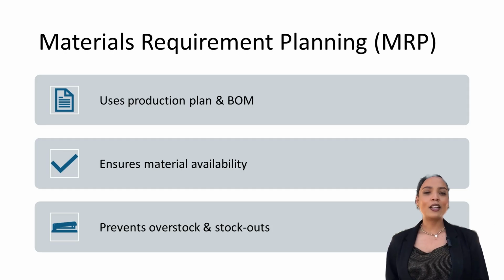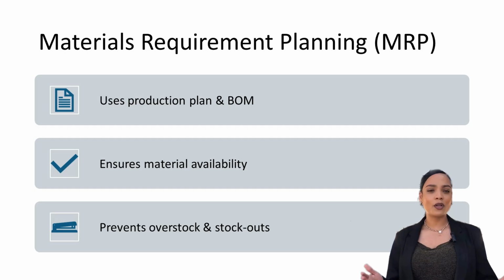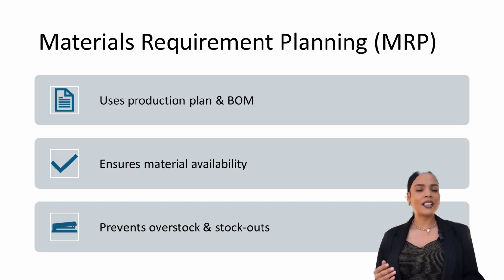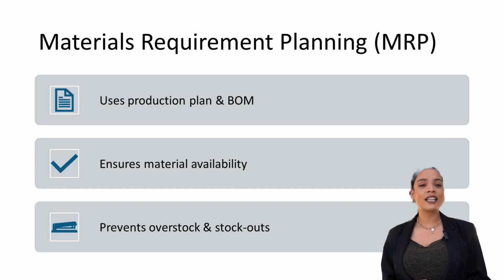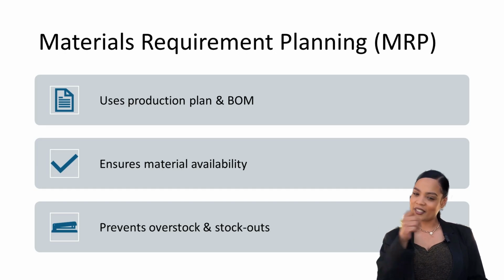For a production supervisor, understanding MRP helps prevent stockouts, reduce waste, maintain accurate order quantities, and align production output with customer demand. MRP supports efficient planning, reduces uncertainty, and provides visibility over what materials are needed, when they are needed, and how much is required to meet daily, weekly, and monthly production targets.